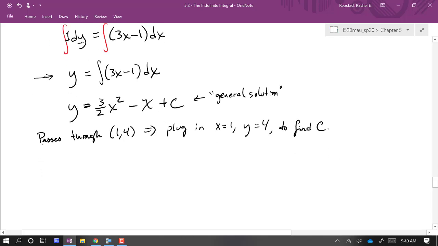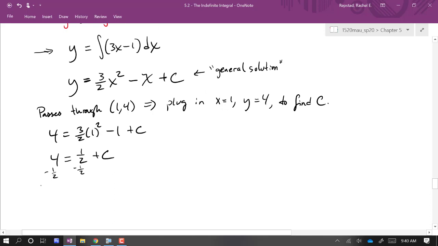So if I plug in x equals 1, y equals 4, on the right side we have 3 halves minus 1, which is 1 half. And then if we subtract a half from both sides, we get 3.5, or 7 halves.